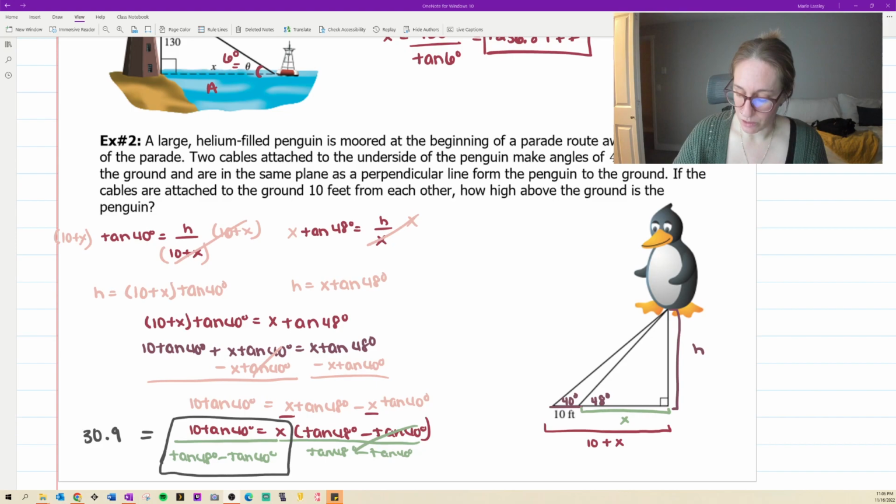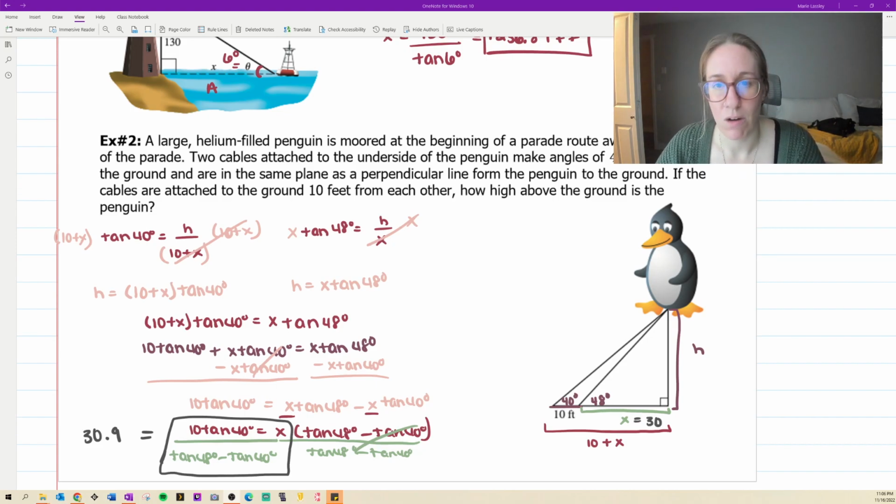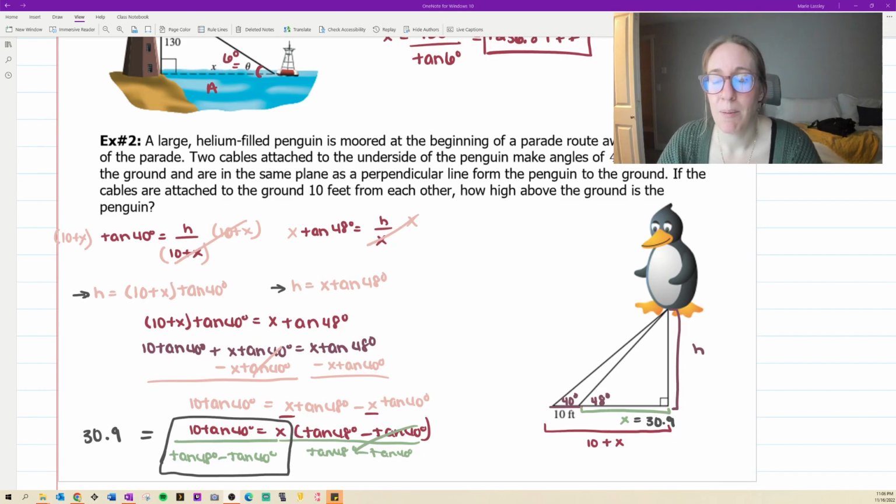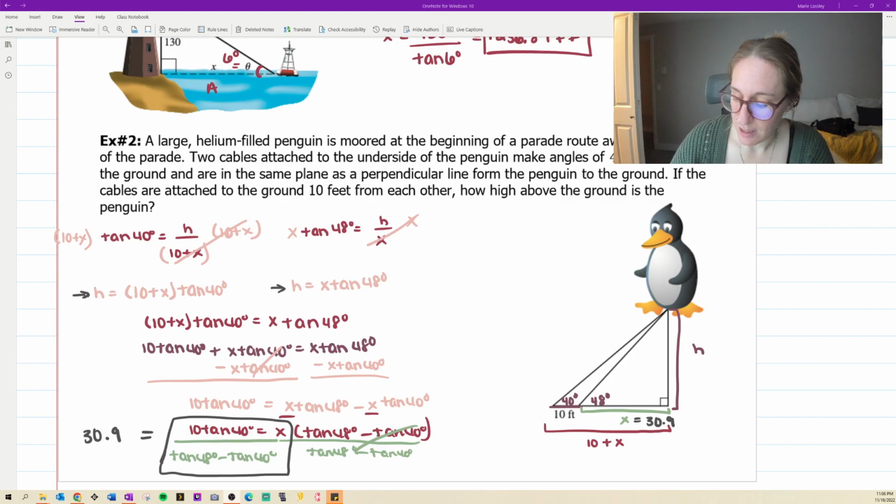Now, I also want to find the height of the penguin. That's actually what I was looking for. Now I don't need to do anything crazy. I've already set it up. I'm just going to plug in my x value into either one of the two equations that I started with. I'm going to choose to do the easier of the two, which is x tangent of 48.